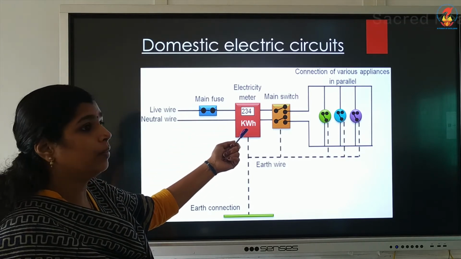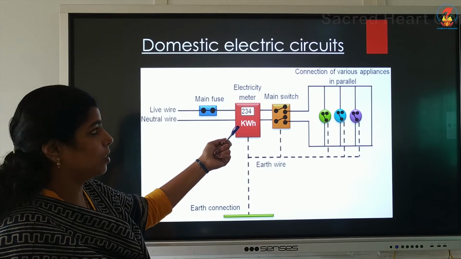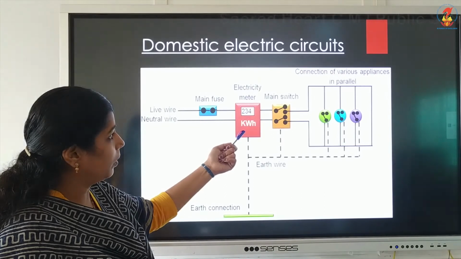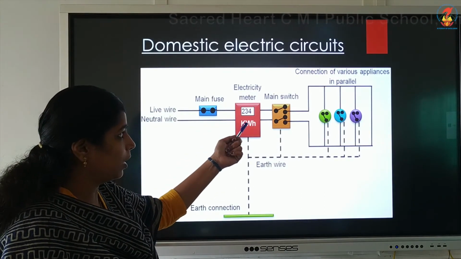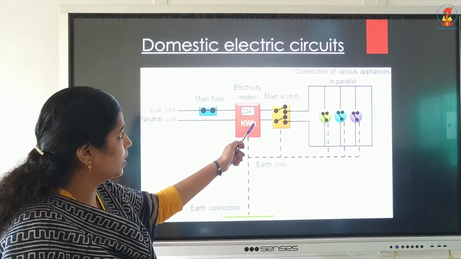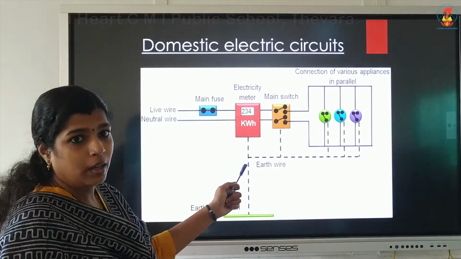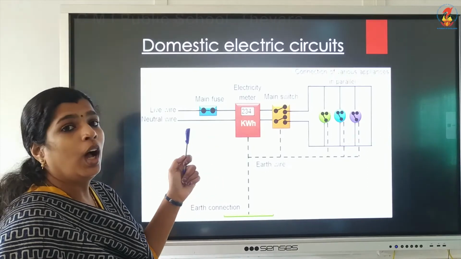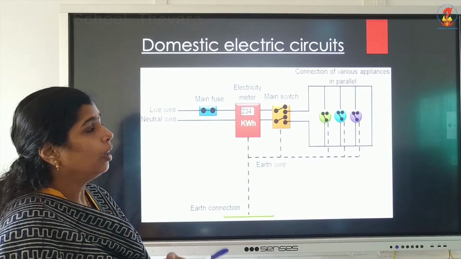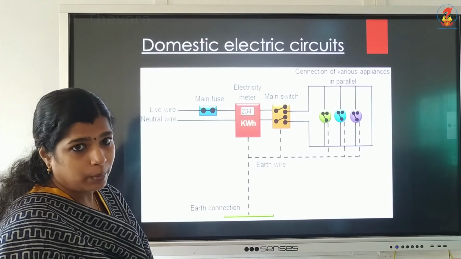From this meter we will be able to know how much electricity we are consuming. According to that reading we need to pay the electricity bill. So, that is the function of this electricity meter. It will measure how much electricity we are consuming, and according to that we will pay the bill.